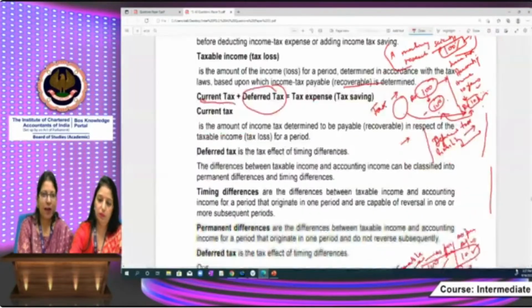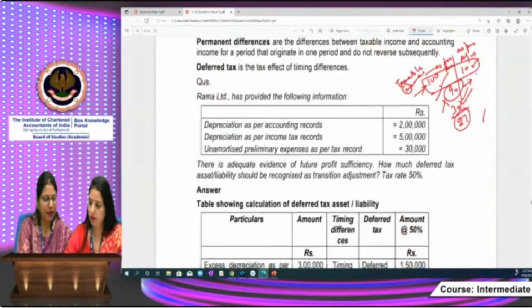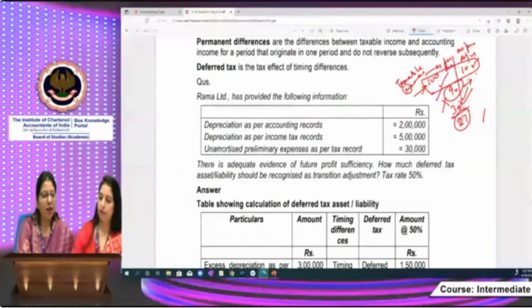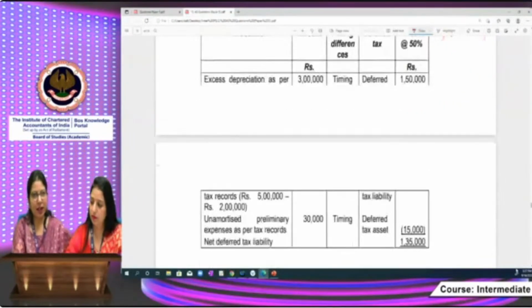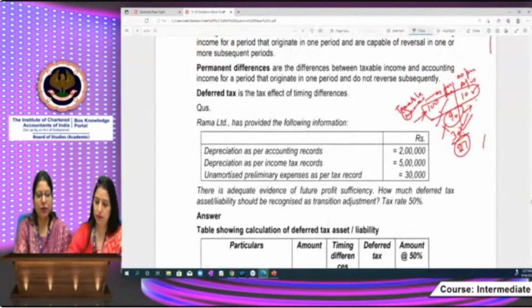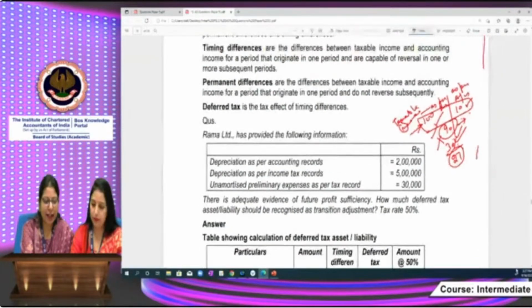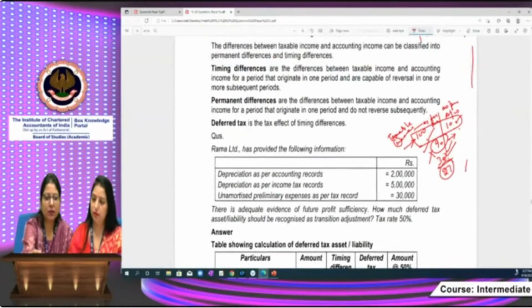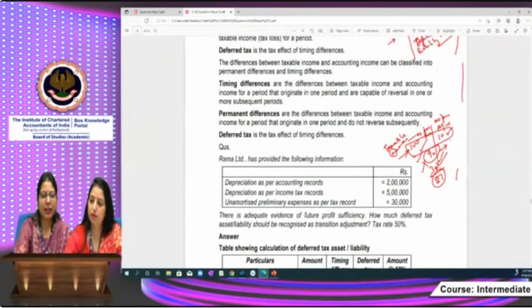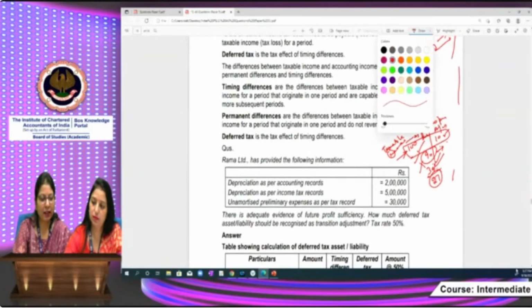So now again a similar type of problem is there where we have more depreciation allowed under income tax. So what will it create? For 3 lakh, and the tax rate is 50%. So it means 3 lakh into 50%, 1 lakh 50,000.